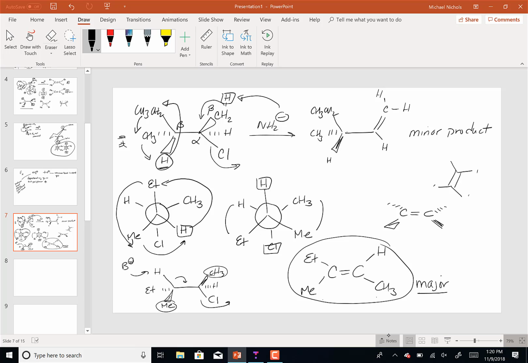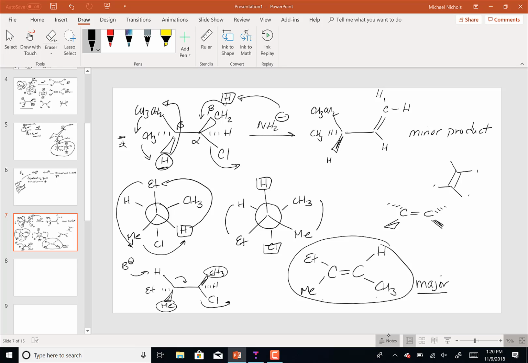Specific actually means that if you change the stereochemistry of the reactant, you get a different product. And that's where SN2 and E2 are related. So stereospecific, you change the stereochemistry of the reactant, you get a different product.